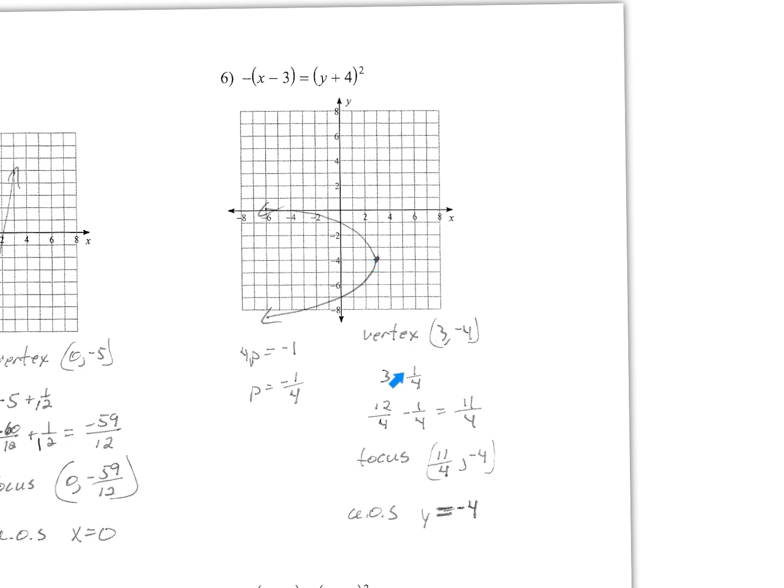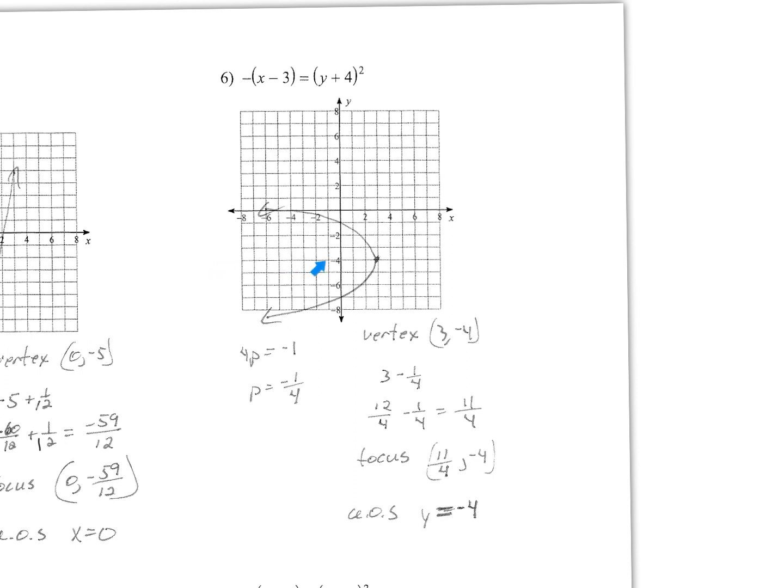So 3 plus negative 1/4, which is the same as 3 minus 1/4. Well, 3 minus 1/4, you probably all know, is 2 3/4. Okay. But if we did it in fractions, we do 12 over 4, that's what 3 equals. 12 over 4 minus 1 over 4 gives us 11/4. Okay. So we would call our focus 11/4, or what's the same as 2 3/4, and then negative 4.